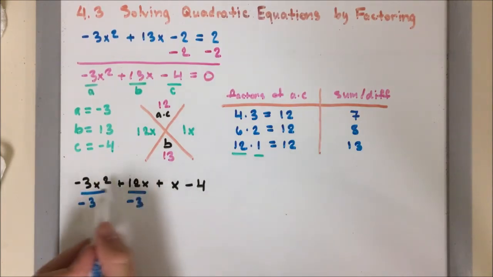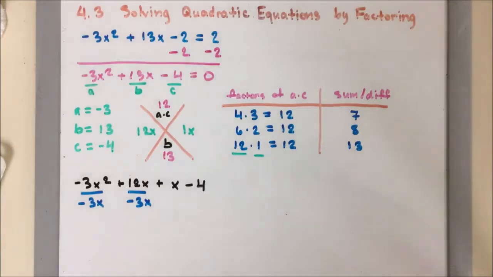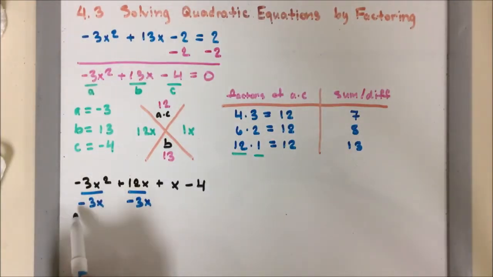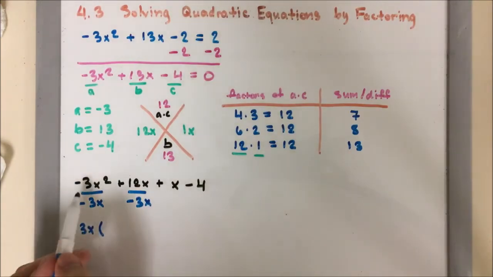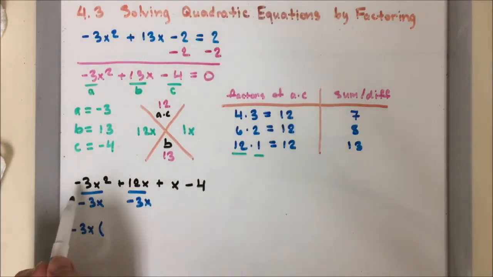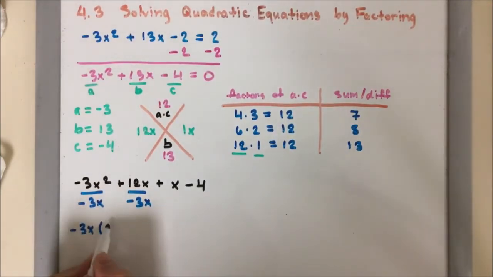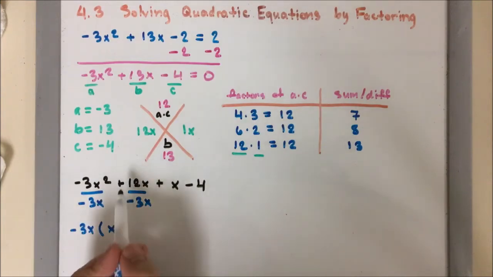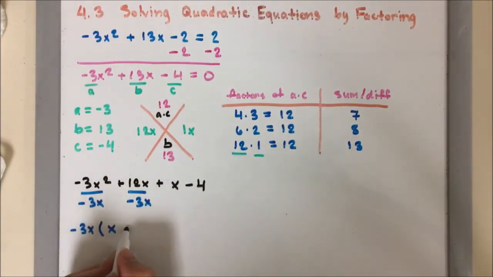In addition, they both have x, so I'm going to include x in my GCF. So my GCF for the left side is negative 3x. I'm going to write negative 3x outside a parenthesis. So I'm going to start dividing. Negative 3x squared divided by negative 3x is simply positive x. Positive 12x divided by negative 3x will be negative 4, and then close parenthesis.